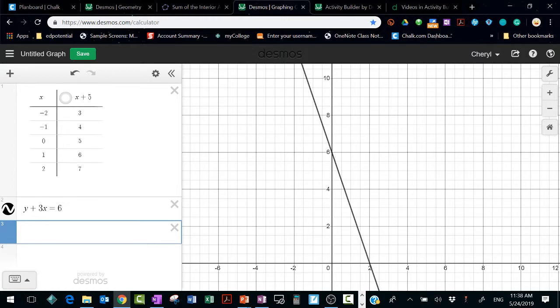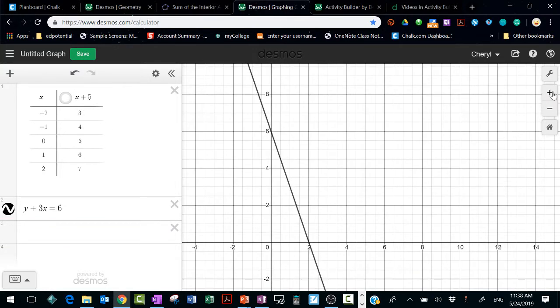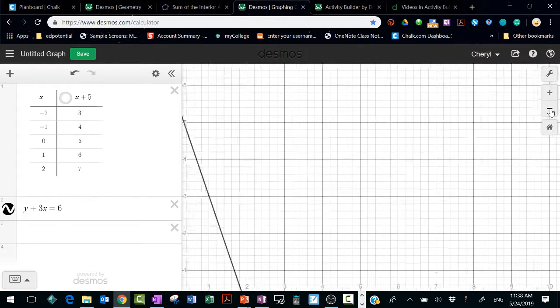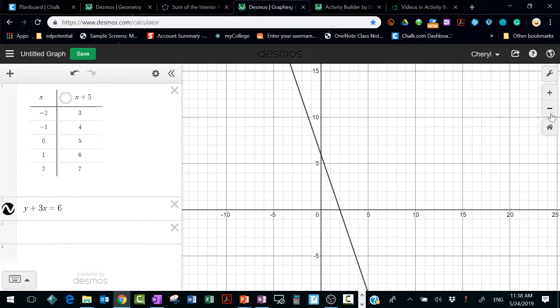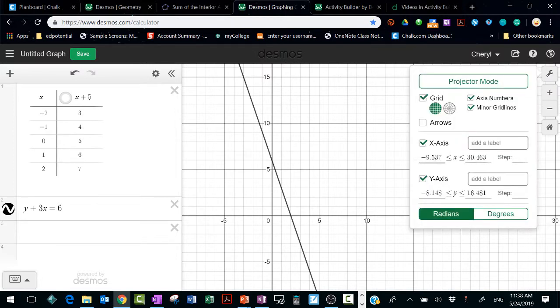And now I only have y plus 3x is equal to 6. I can move this around, and I can zoom in and zoom out with these pluses and minuses here. I can also go into my wrench and change the x-axis, and I can go by a step of 1 and a step of 1.